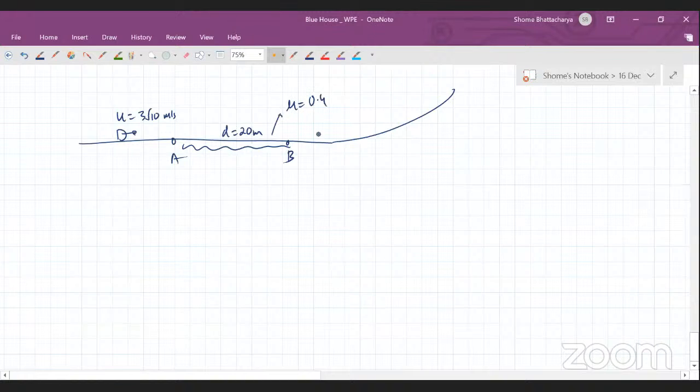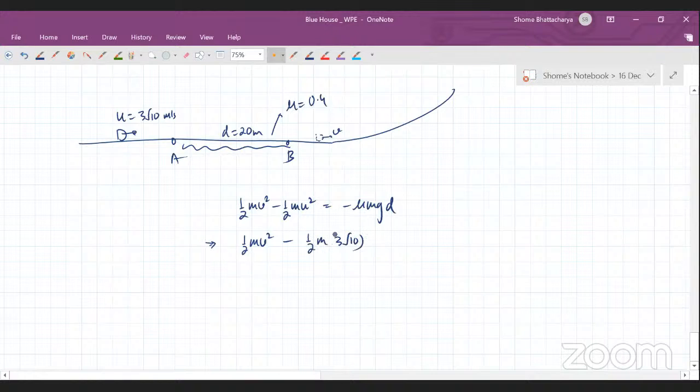Now, if we assume that the block has come out on this side, then half mv square minus half m u square should be equal to minus mu mg t. So half mv square minus, this should be equal to minus 0.4 m into 10 into 20.